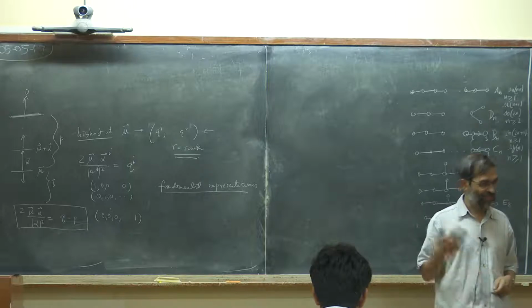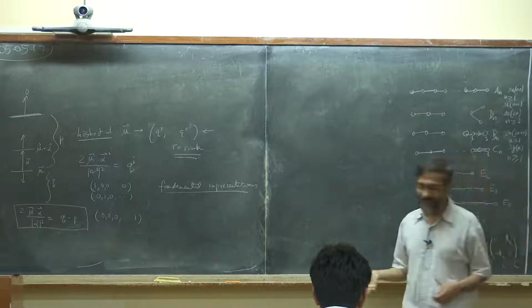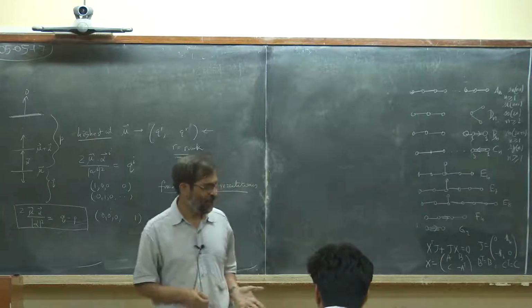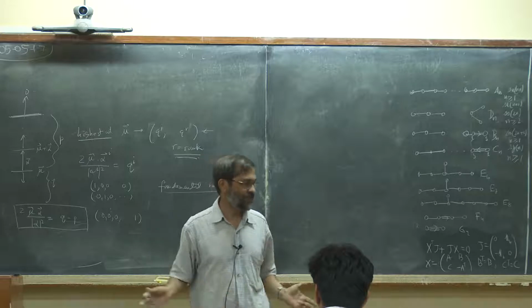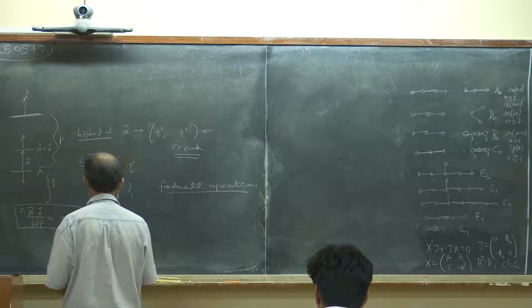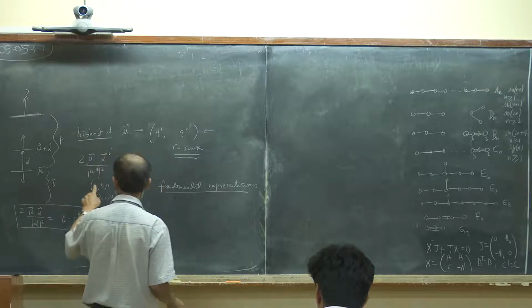The highest weight vector of the spin 1 representation is something to which you can apply the lowering operator twice, and so on. They are all different. I'll come to that. So there are many.